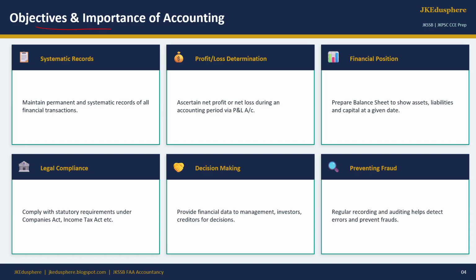Right, so next is objectives. What are the objectives? What is accounting needed for? First of all, systematic records: we need to maintain permanent and systematic records of all the business transactions. Then profit and loss determination: to ascertain net profit and net loss during an accounting period via the profit and loss account.